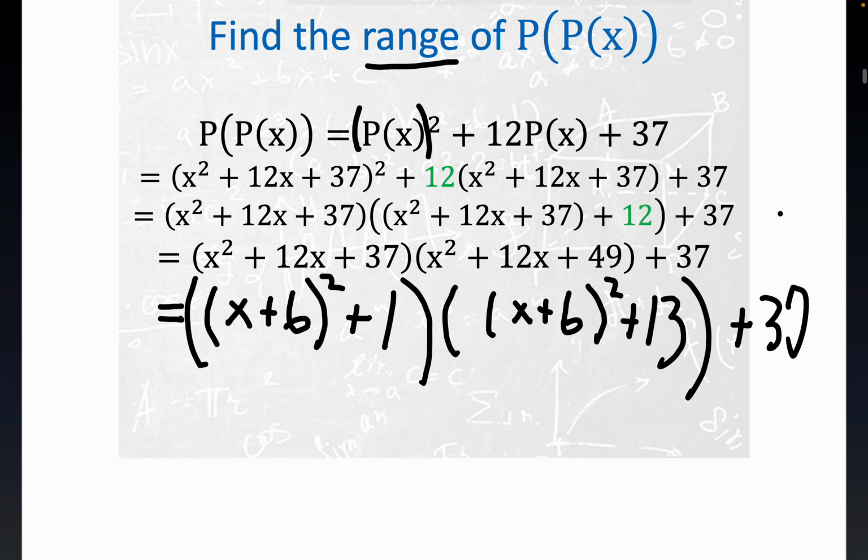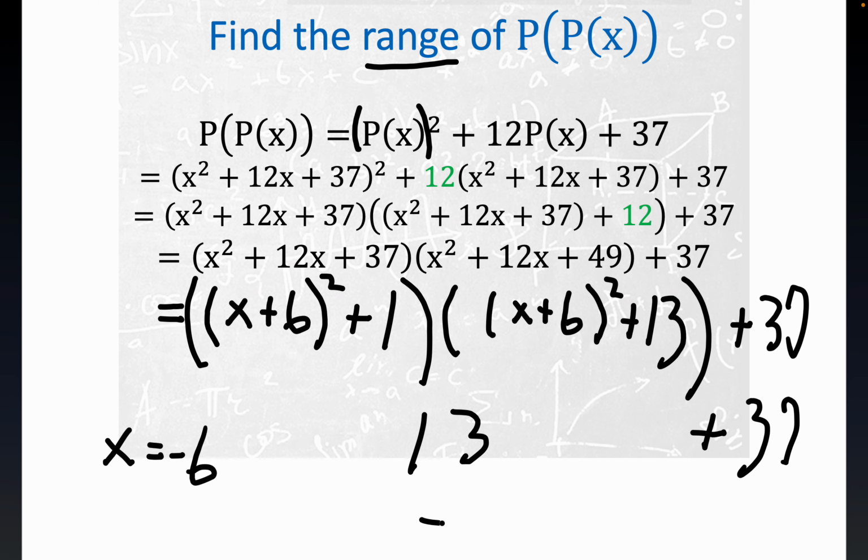Well, you see, we can see when x is equal to negative 6, these two terms right here vanish, okay? And so what you would be left with, this whole part here would be 13, and then the plus 37. Okay, we get 50. And what does that represent?